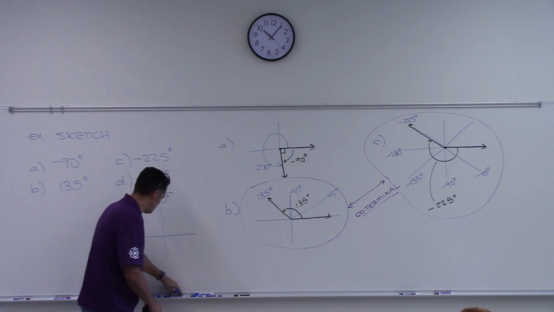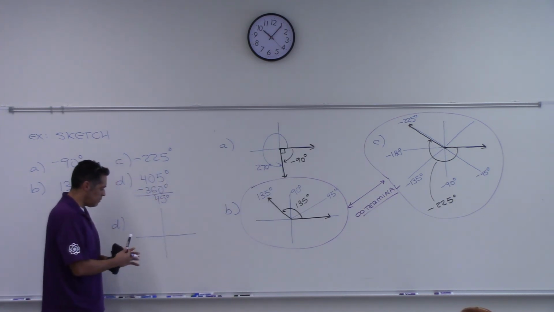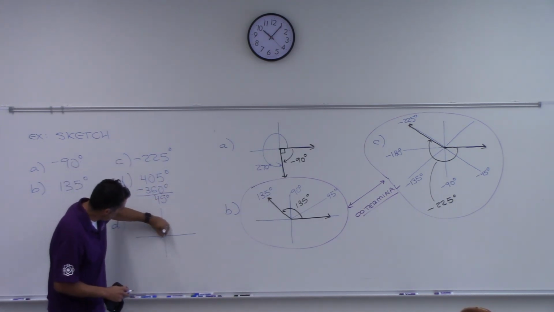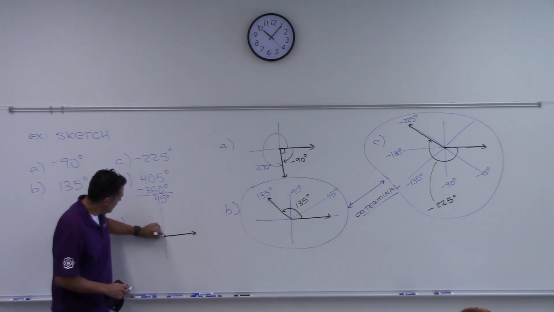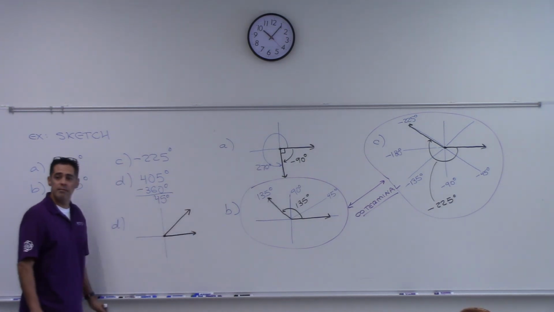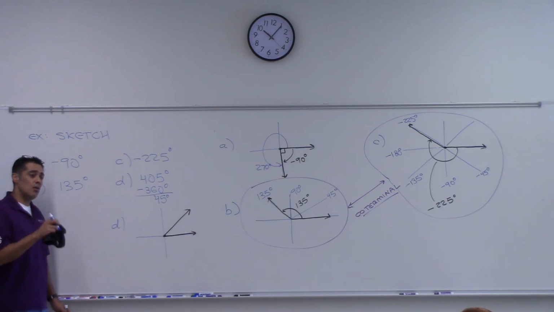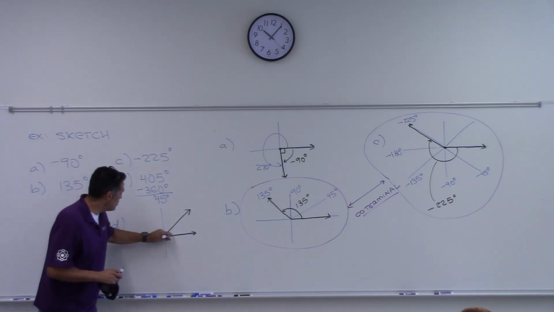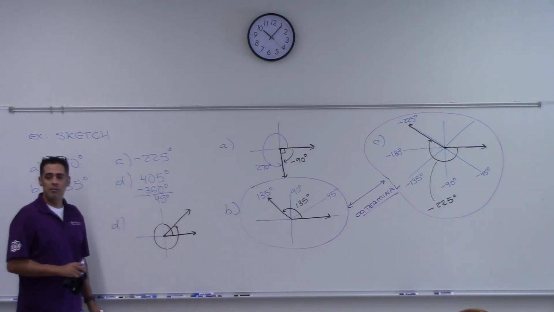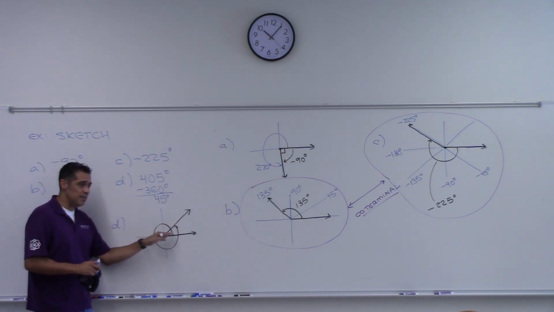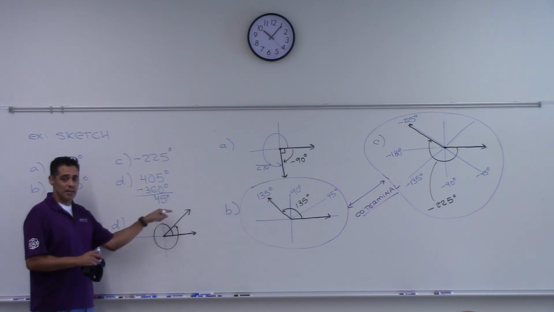So let me draw this. This one's actually pretty important that you understand. Here's our initial side, and this is our terminal side. But let's draw what the angle is. The angle is actually this. It's not just that little piece, it's the whole way around and back to this.